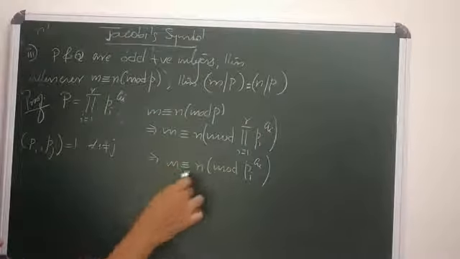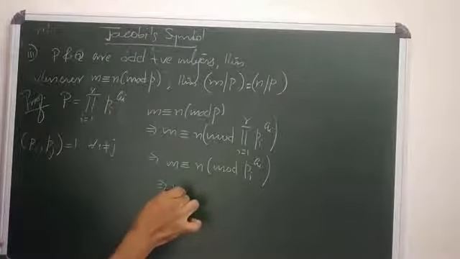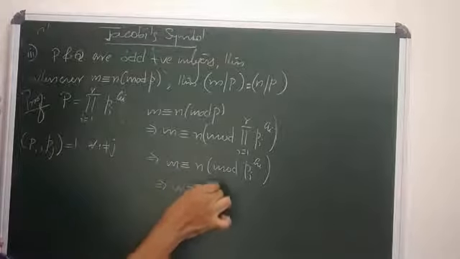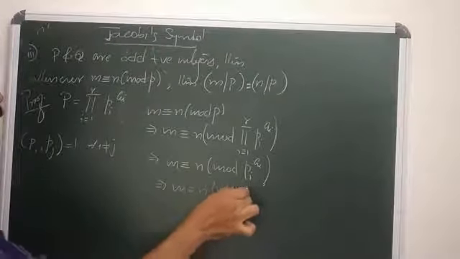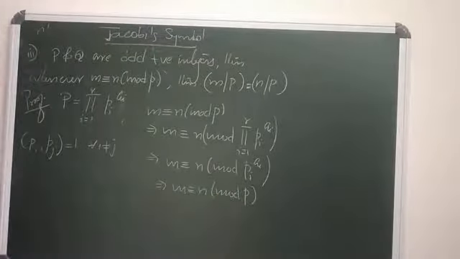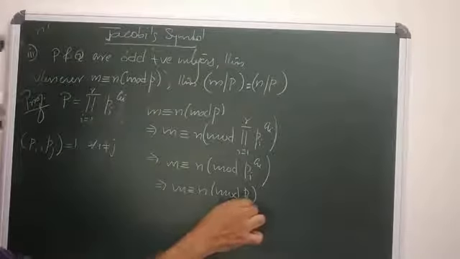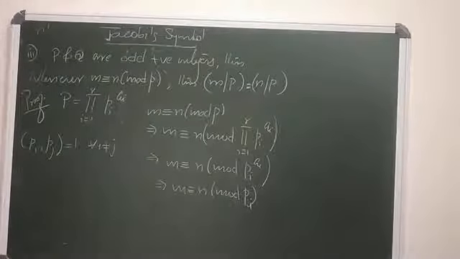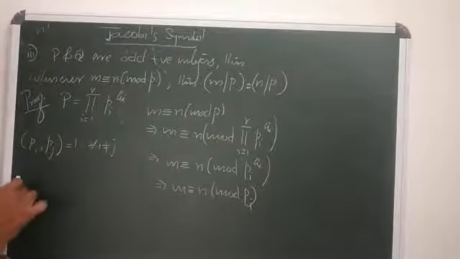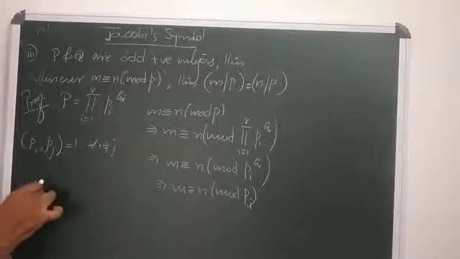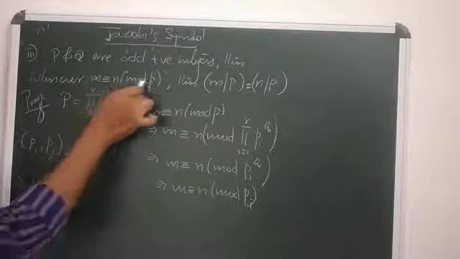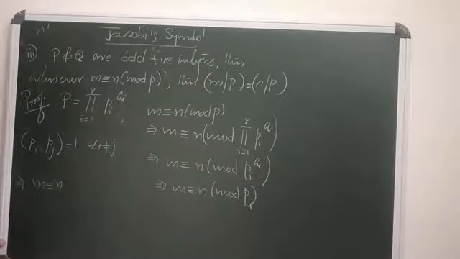Now m congruent to n mod p_i to the power a_i means m is congruent to n mod p_i.